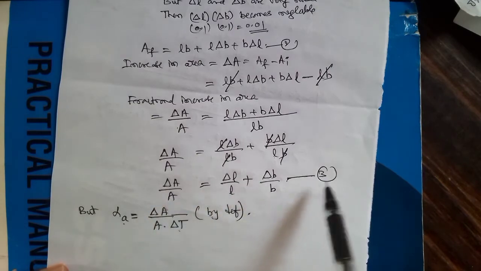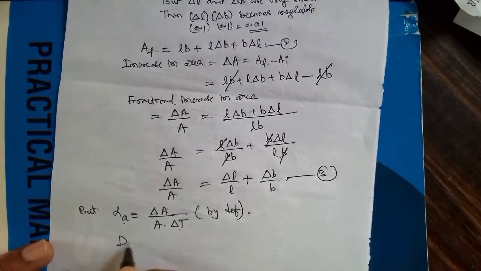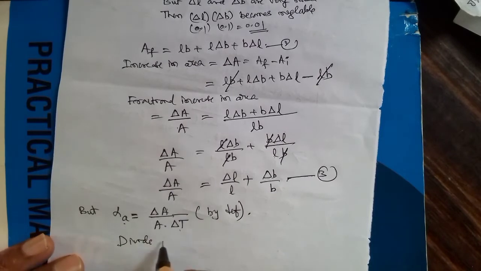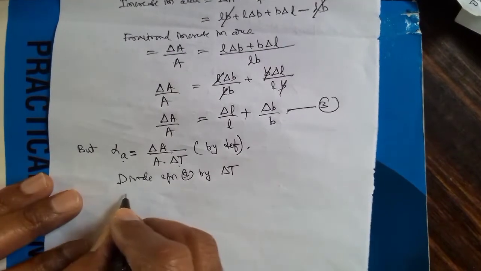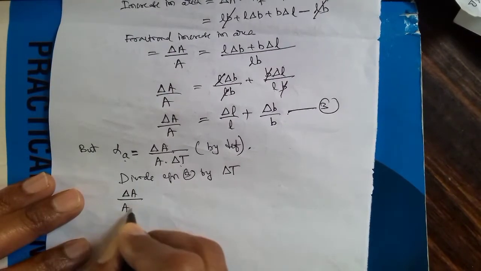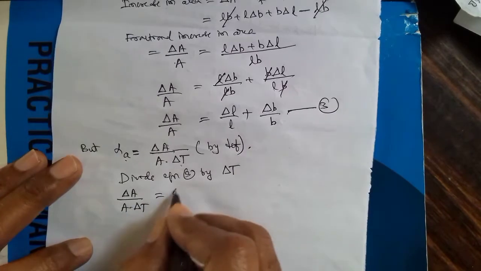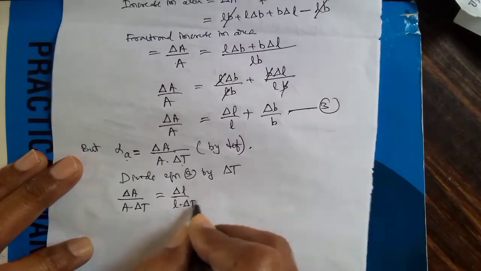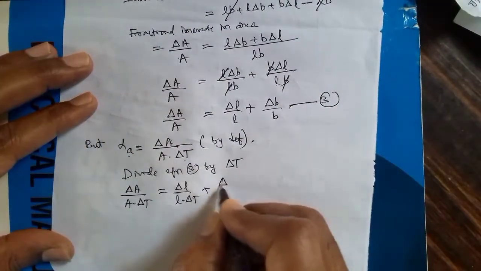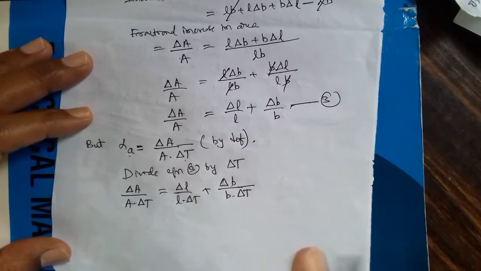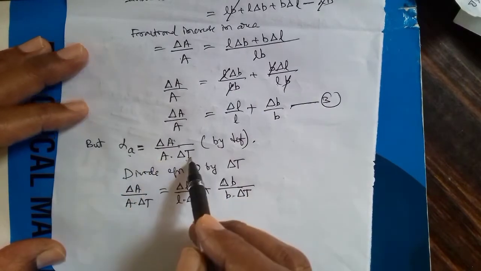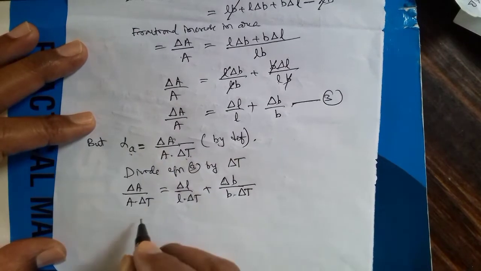So let us divide the equation by delta T. Divide equation 3 by delta T. Then we get, according to definition, delta A by A into delta T represents areal expansion.